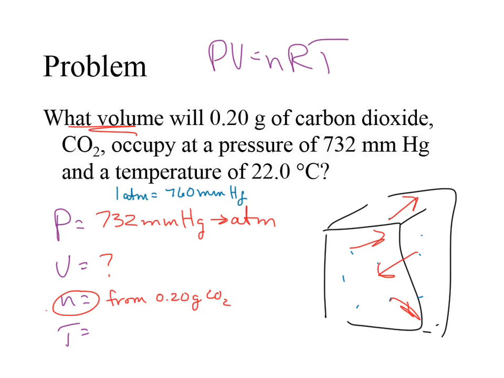But you have to show that. Temperature of 22.0 degrees Celsius. And note to self, we're going to have to add 273.15 to get it to units of Kelvin. But that's kind of what we have going on here. It's not too bad. There are just some front end things we need to do.